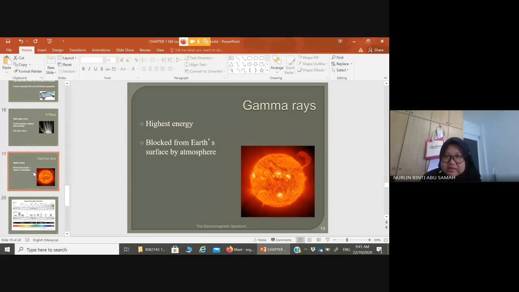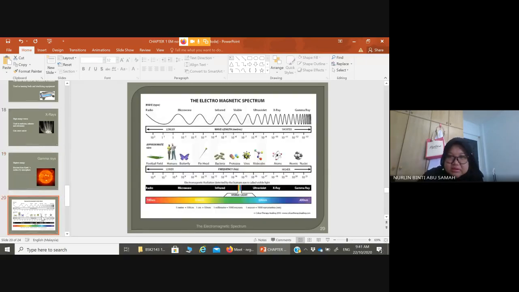This is the kind of energy that gives a very high impact towards the sample. So again, this electromagnetic spectrum you can see very clearly.